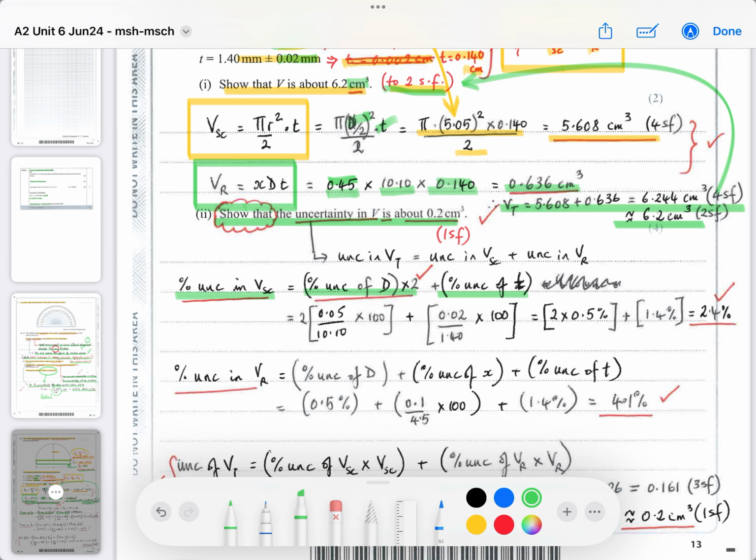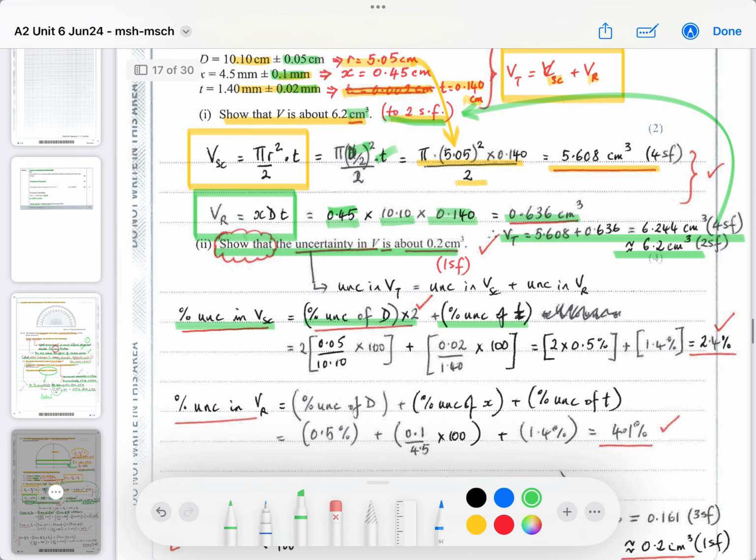So once you do that, you divide the value given for d of 0.05 divided by 10, the reading, 10.10, multiplied by 100, and there's 2 lots of those. 1 lot of thickness, 0.02 divided by 1.44. You don't have to have the same units now because it's just a ratio, and you will get 2 lots of 0.5, 1 lot of 1.4. Total maximum number of decimal places for uncertainties is 1 decimal place, 2.4 centimeters, or 2 significant figures maximum.